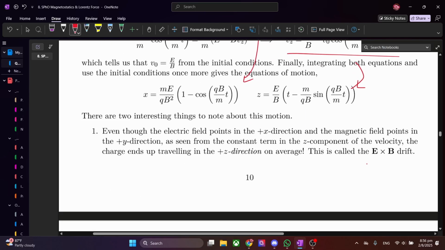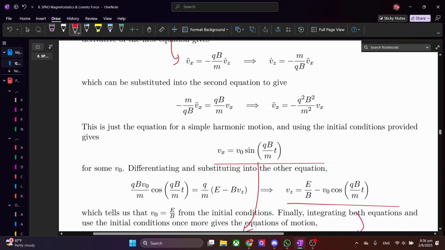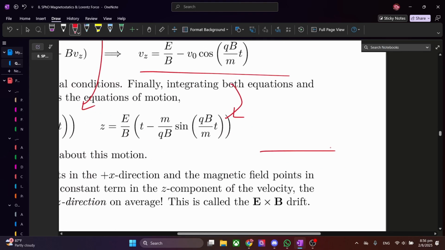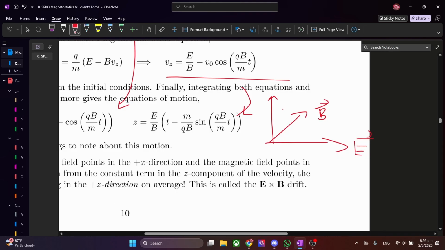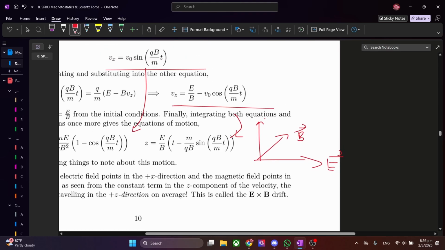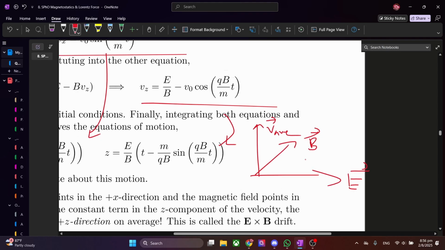And one thing I want to point out about this is that even though your electric field points in this direction and your magnetic field points in this direction, the direction of your average velocity of the charged particle in this field is actually pointing in this direction.